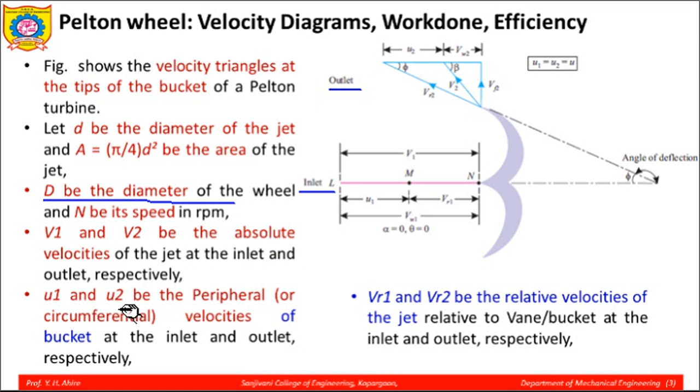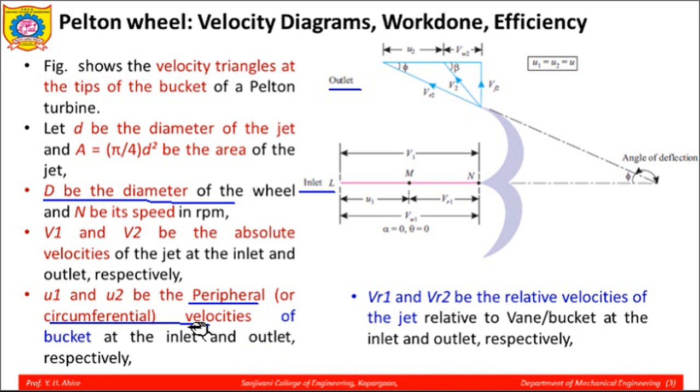Let small u1 and small u2 be the peripheral or circumferential velocities of the bucket at the inlet and outlet respectively. Please note this, u1 and u2 are the peripheral velocities or vane velocities or circumferential velocities of the bucket at the inlet tip and outlet tip.